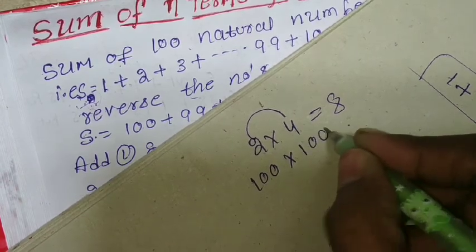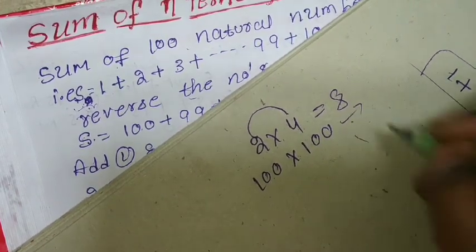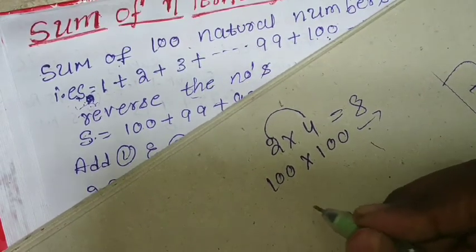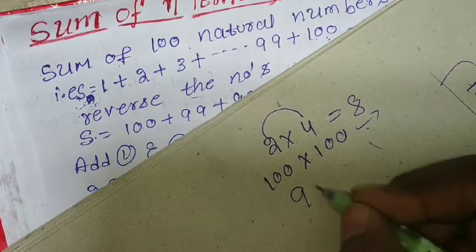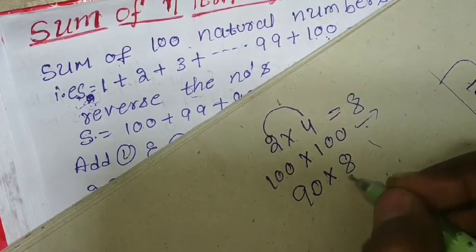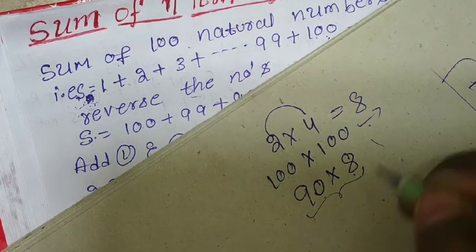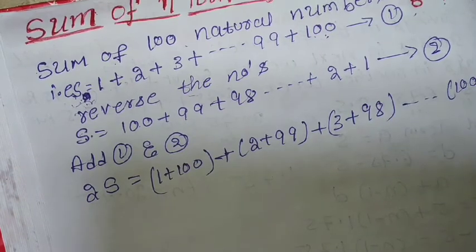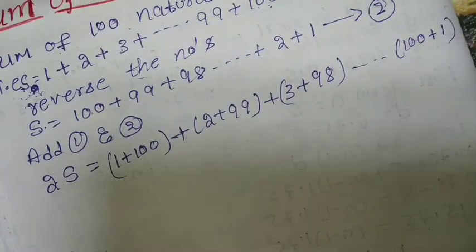Nothing but 100 into 100. You have to multiply. If someone asks what is 90 times of 8, 90 times means multiply with 8, so 90 into 8 you have to write. Like that here also we follow the same process.